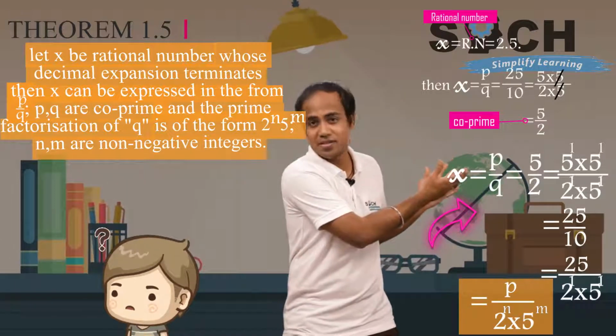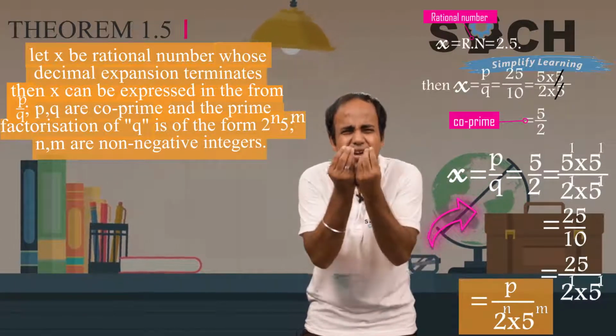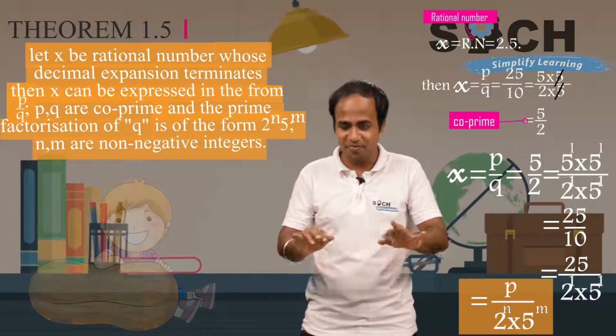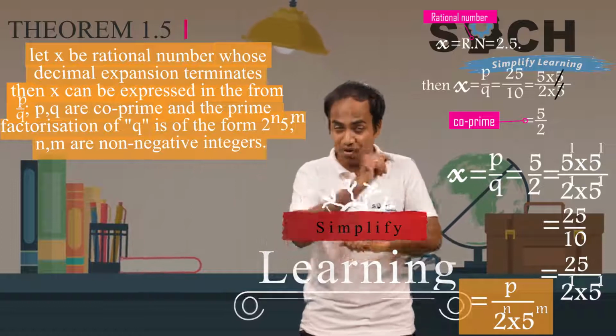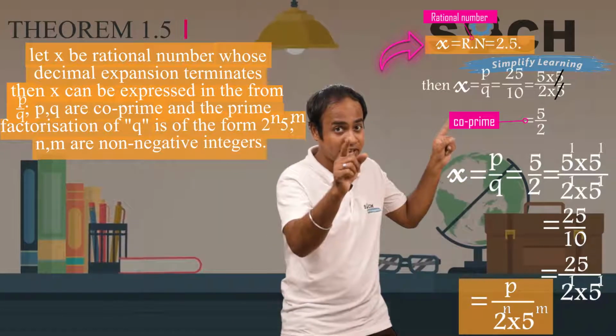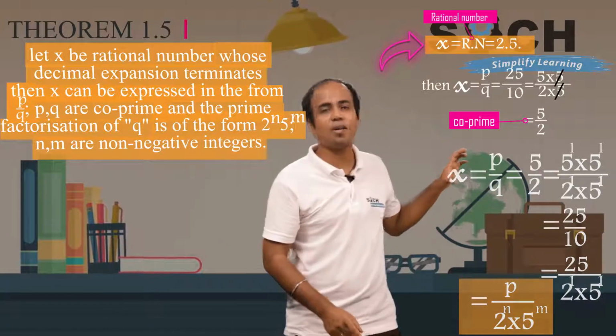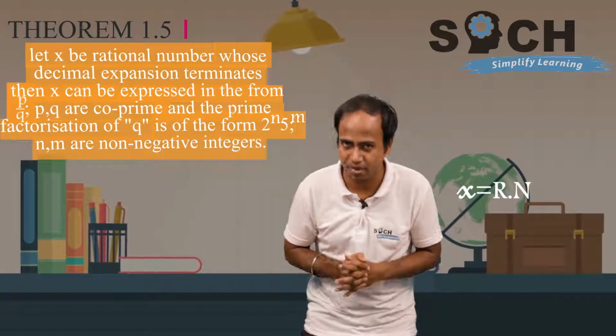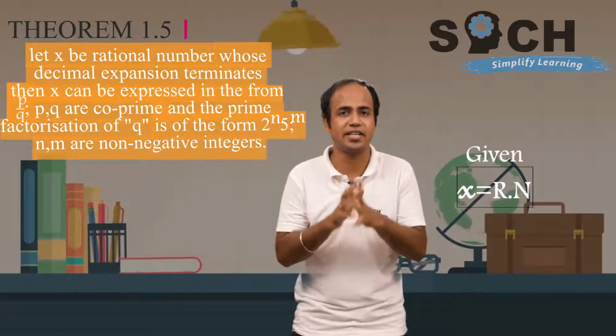And the explanation is this. Let me make it very simple for you, because Soch is all about simplified learning. So here we go. What was x? x is Rn, so I put in a box x equal to Rn, that is rational number. This is the given box.